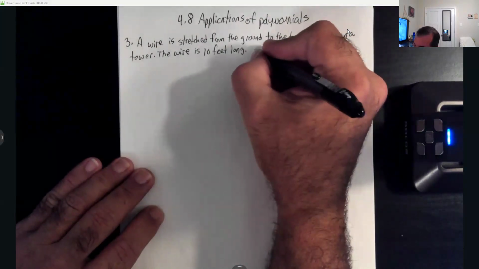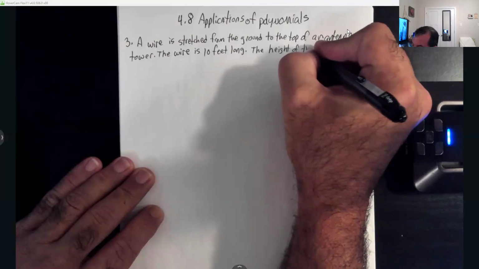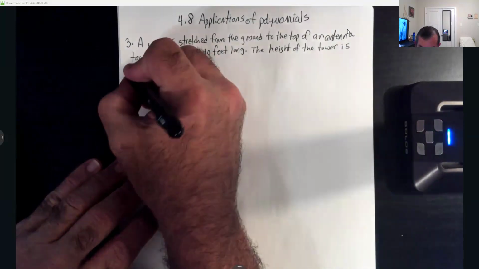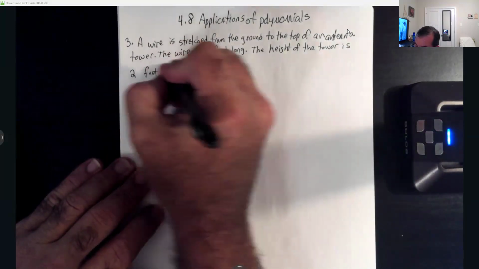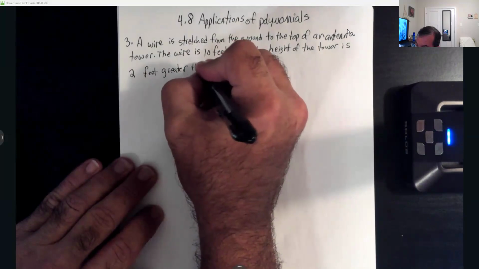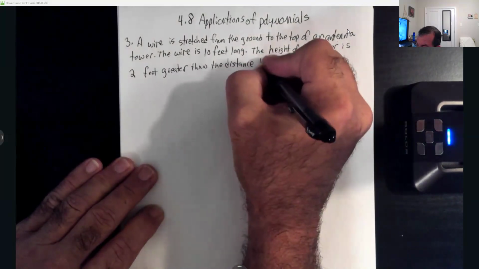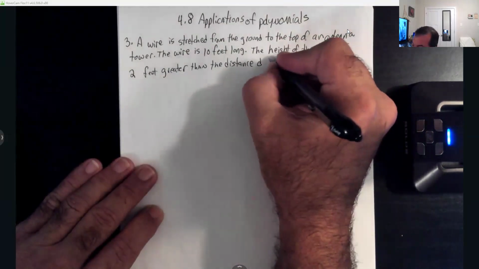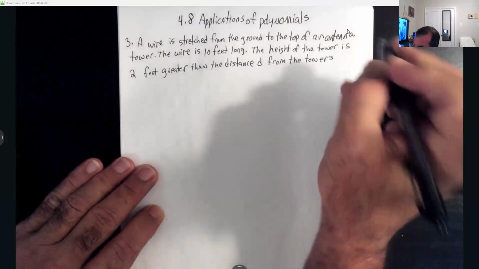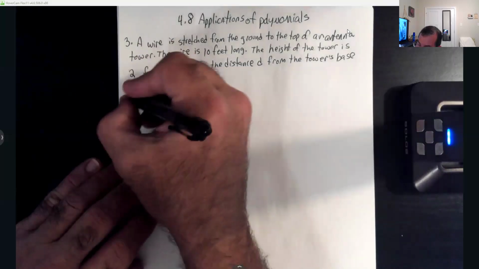All right, then they say the height of the tower is 2 feet greater than the distance D from the tower's base to the end of the wire.